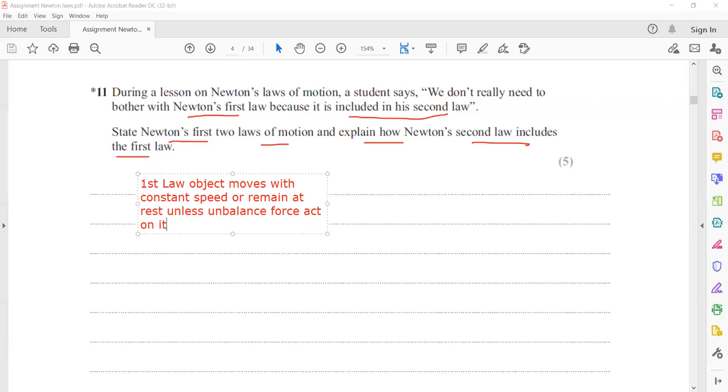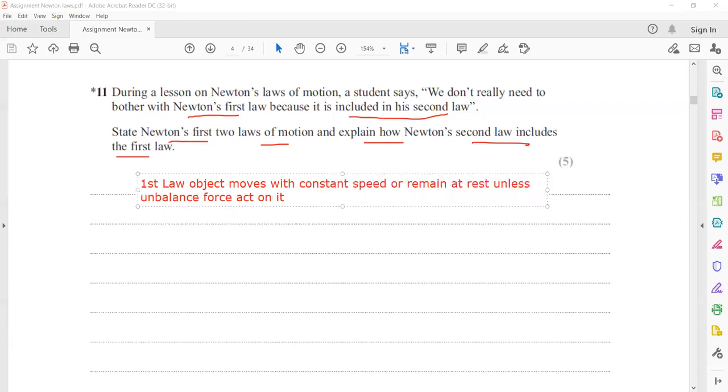So that is Newton's first law, which states that if there is no resultant force, the object will remain in its state or it will not change its state.